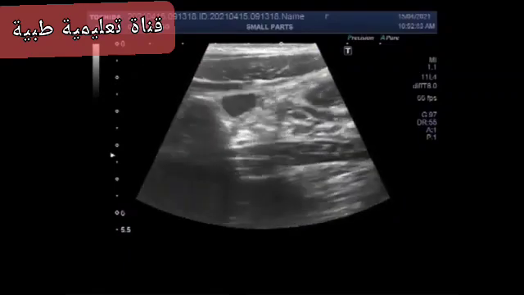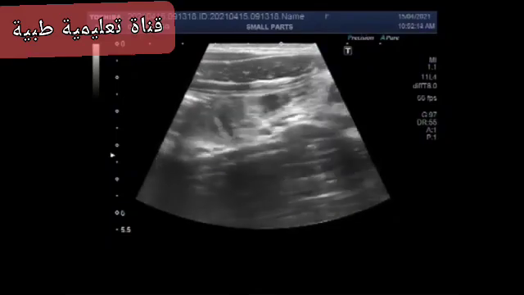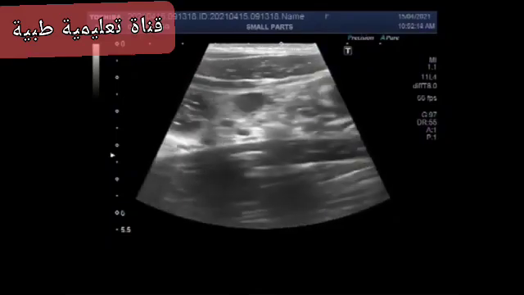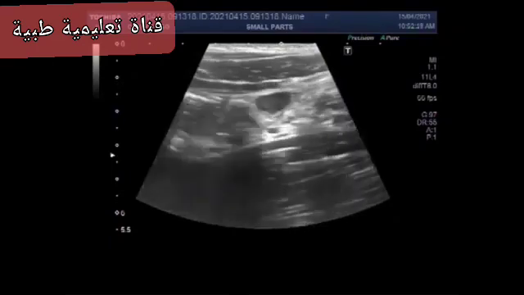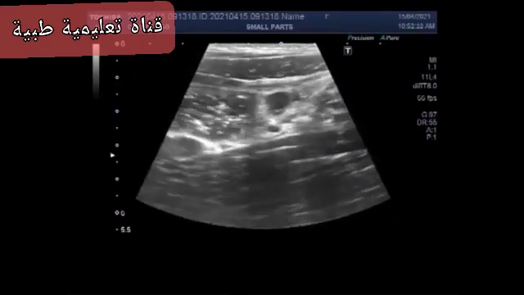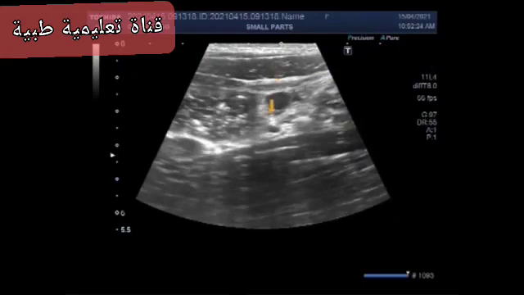Now you can see another lymph node in the adjacent area of the cecum, in the omentum. An ultrasound examination is performed to evaluate for appendicitis. Graded compression ultrasound of the right lower quadrant will reveal a non-compressible enlarged appendix.